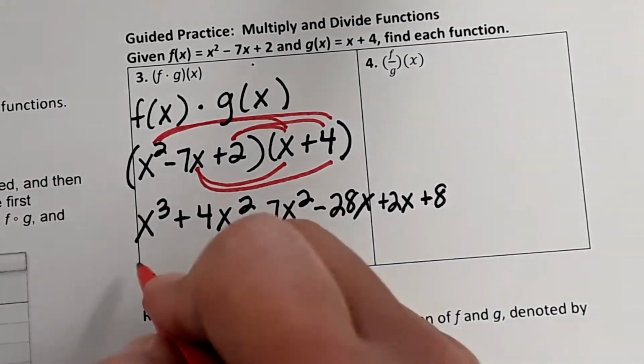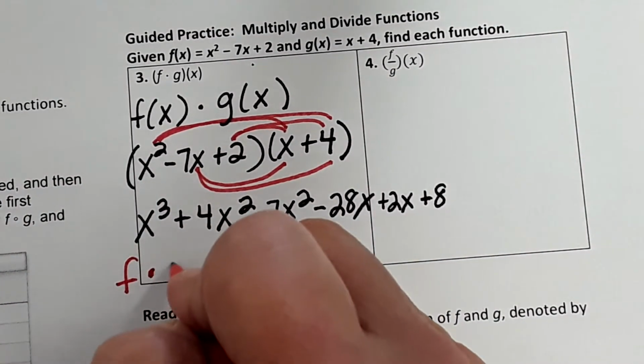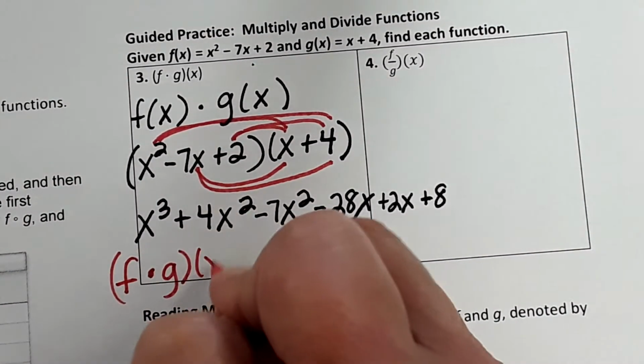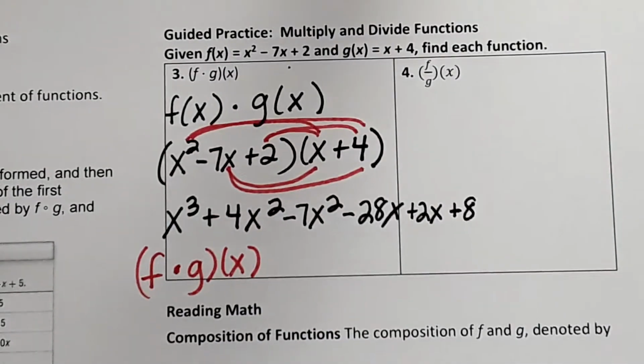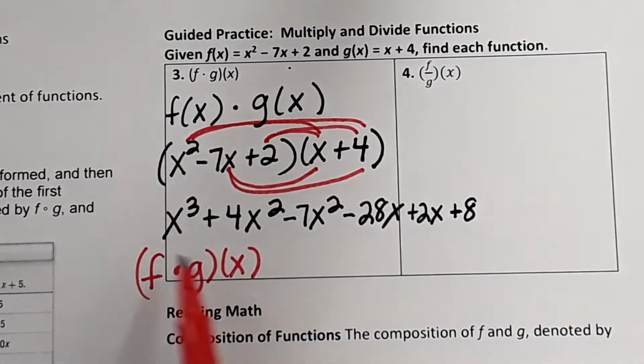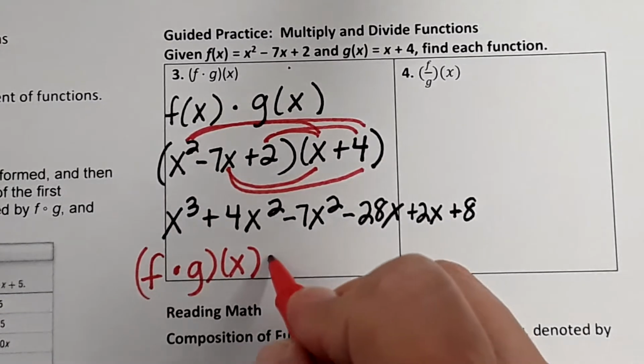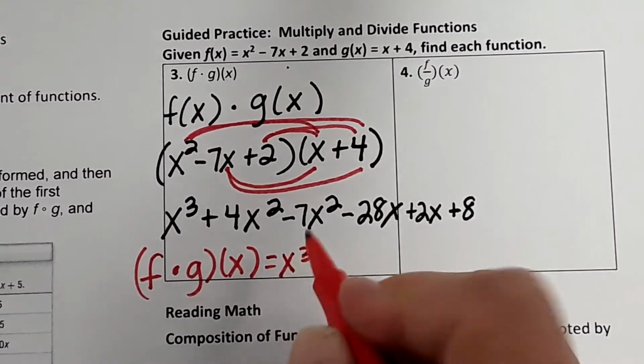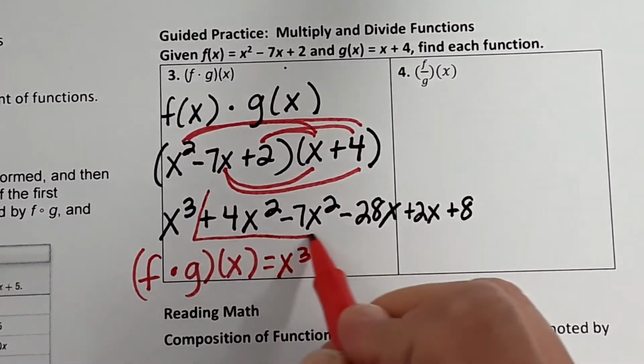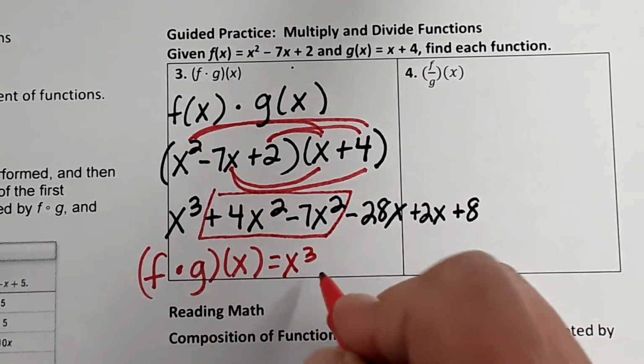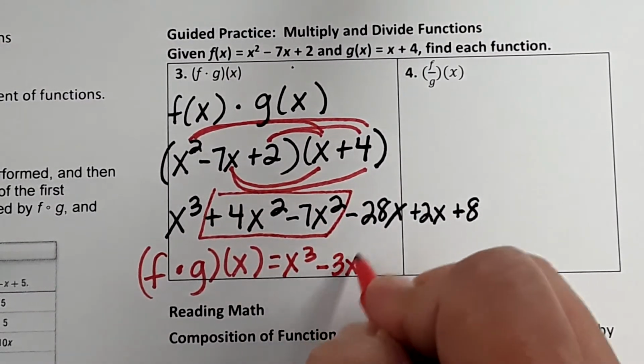Now I am going to combine like terms. So x to the third doesn't have anything, so we're going to leave x to the third alone. 4x squared minus 7x squared is negative 3x squared.